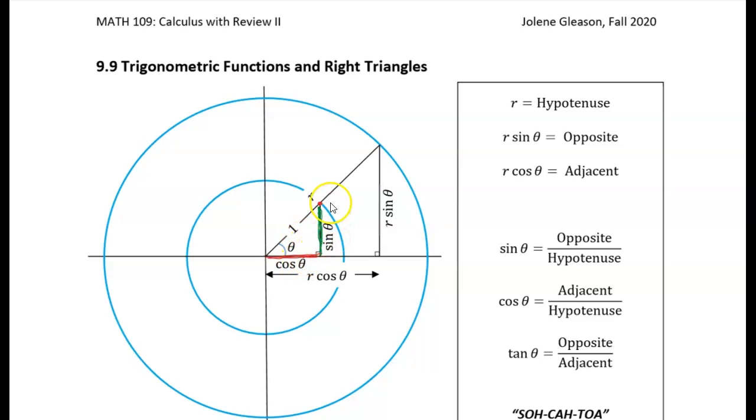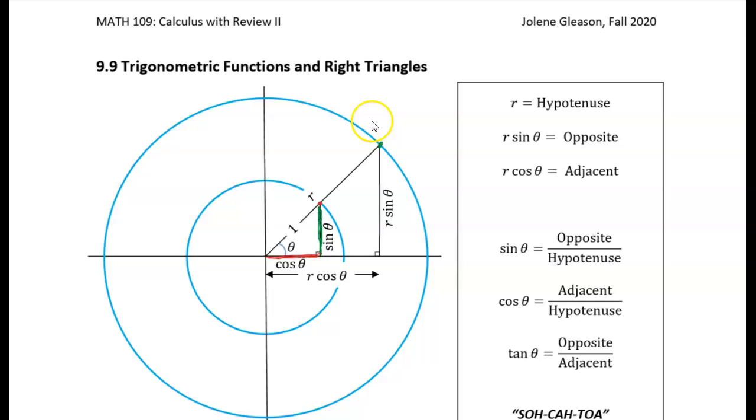So not only do we know the coordinates of that point, we know the sides of this triangle with a hypotenuse of 1. It's a right triangle and the hypotenuse is 1. And we also know that if we scale that triangle up by a factor of r, so that now the radius of the circle is r, then the coordinates here are r cosine theta and r sine theta.